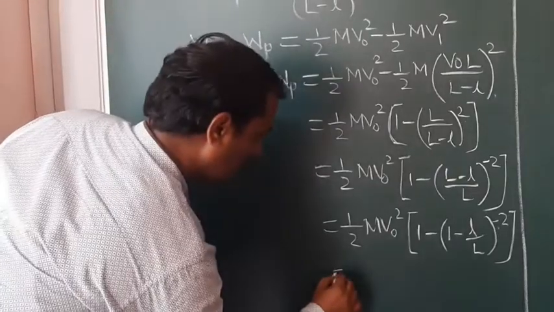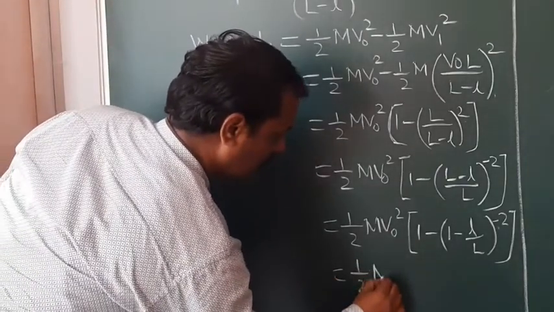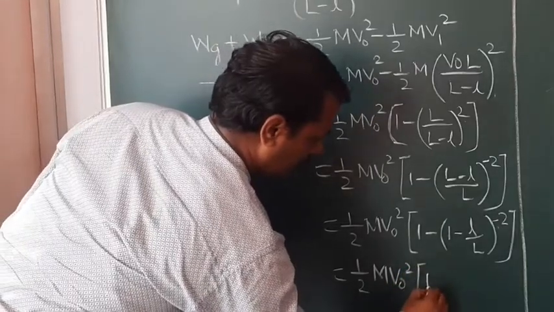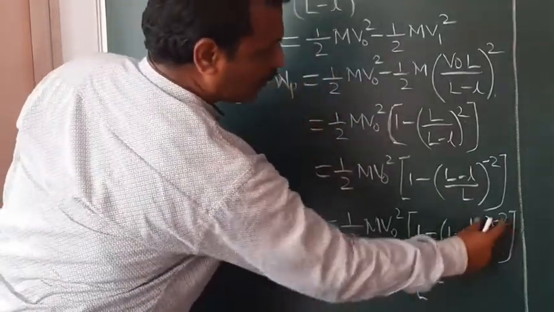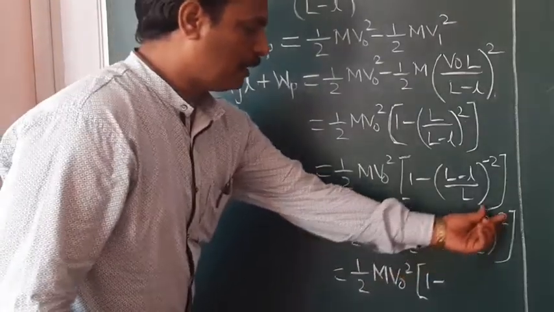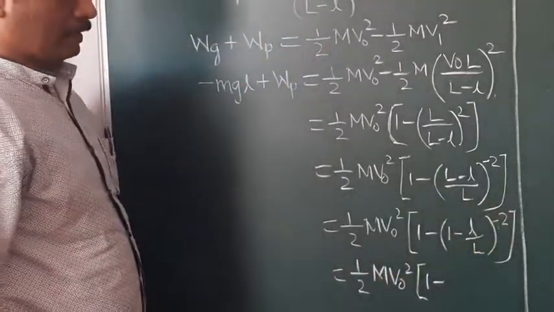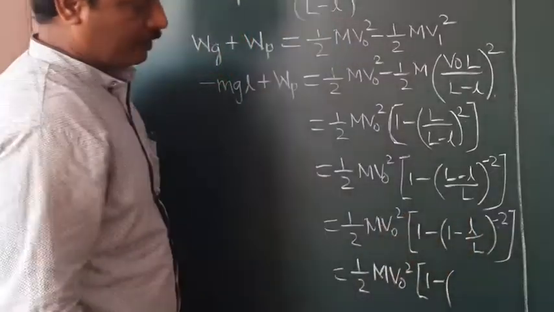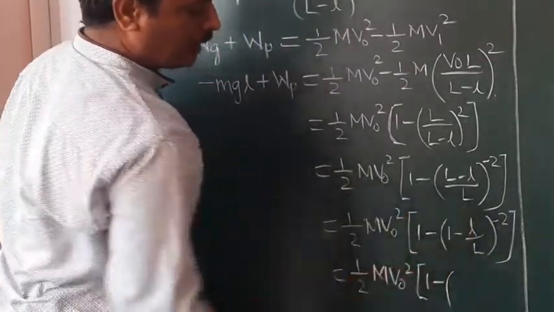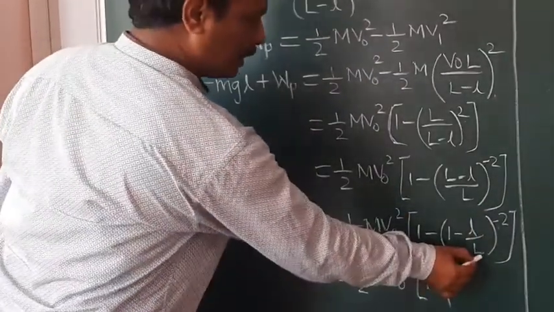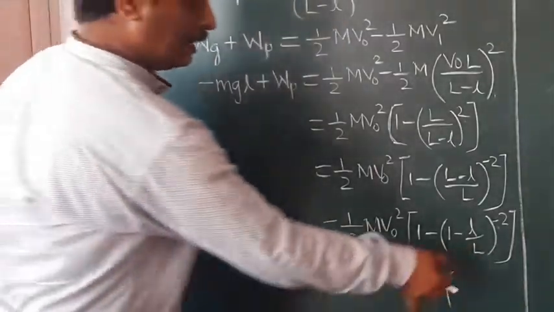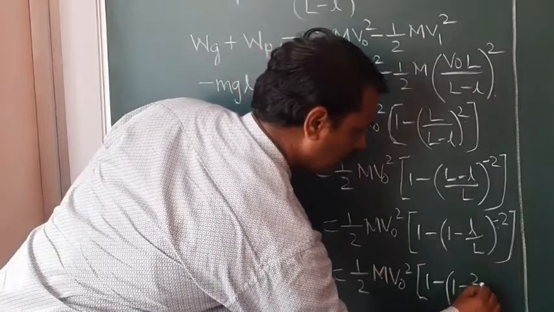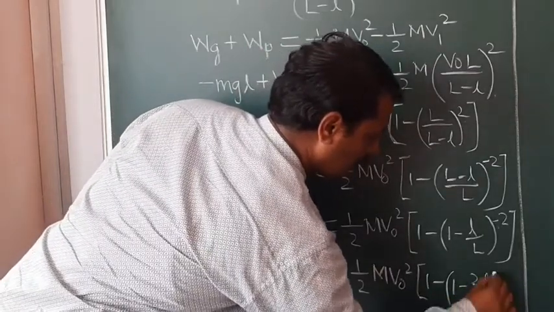That is equal to 1 by 2 m v naught square 1 minus. So here we can expand this using binomial theorem. Then we neglect the higher powers of l by L because it is given that this small l is very much smaller than capital L. Therefore this term can be neglected. Then we get 1 minus 2l by L.